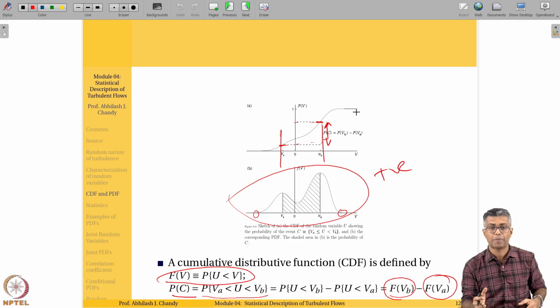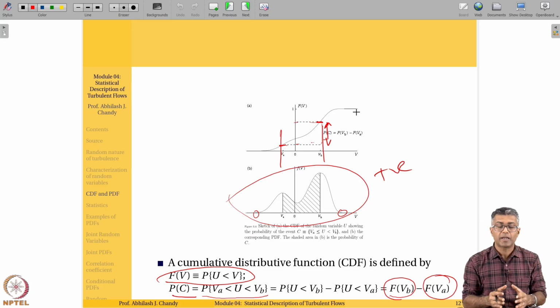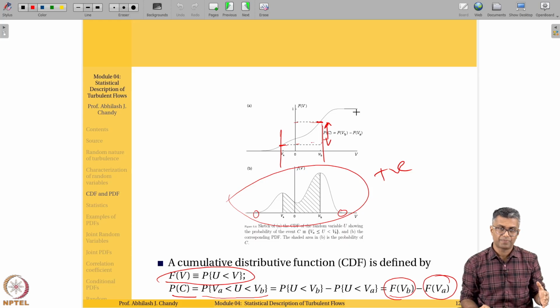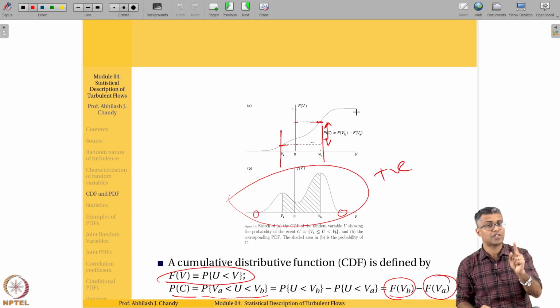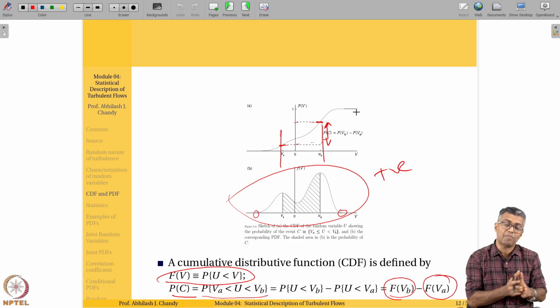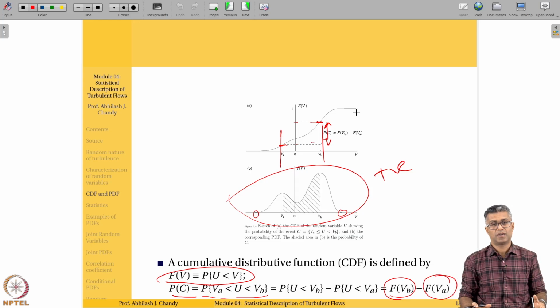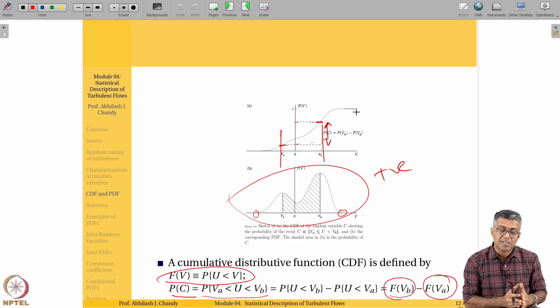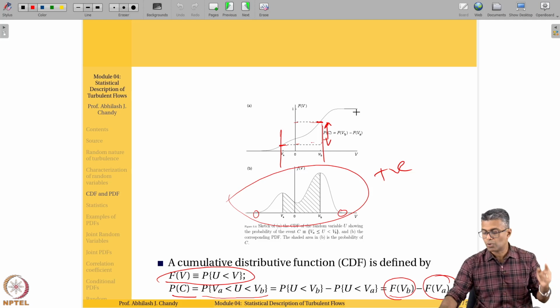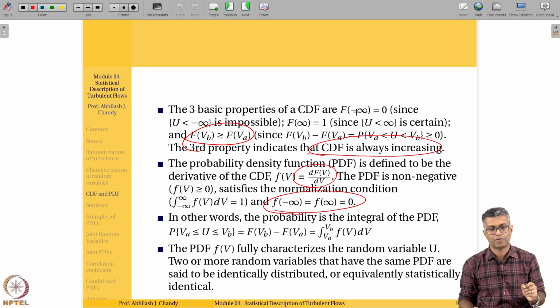Remember, the derivative of the CDF is the PDF. So when you take the integral of the PDF, what you're getting is the CDF, the sum of all the probabilities of all the events, which has to be 1. So the normalization condition is satisfied as well.